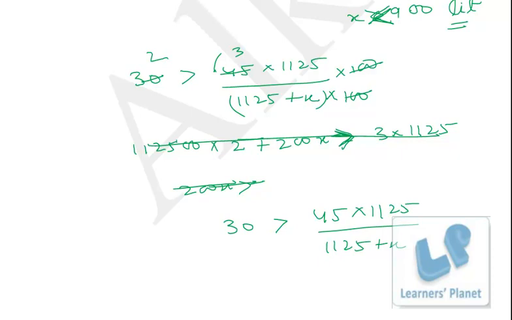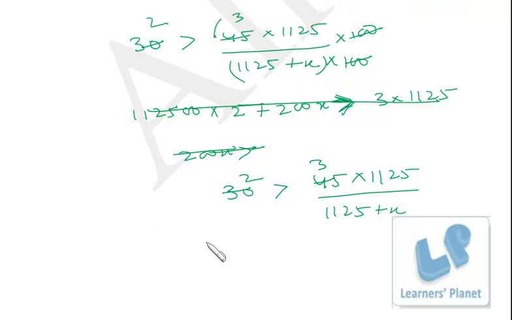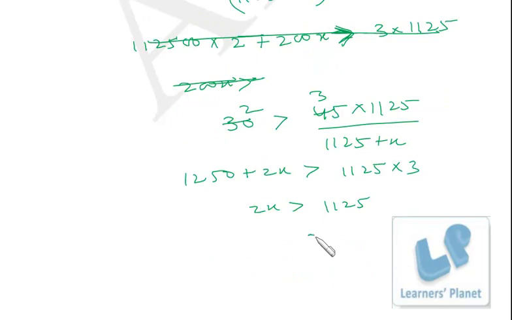Now what? 15, 2, 15, 3. So 2 into 1125. So 2x is greater than 1125 into 2, that means 1125. So x is greater than 1125 by 2.